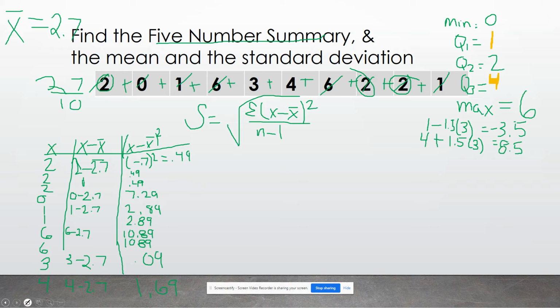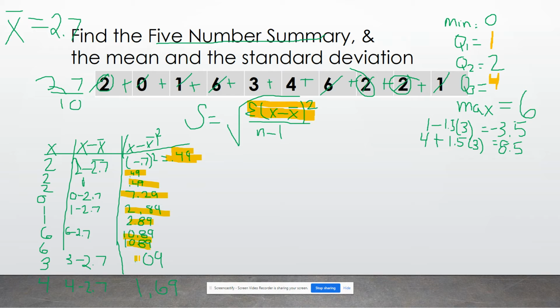So the part in here that I'm working on is this part right here, the sum of x minus x bar squared. So what that means is I'm going to take all of my x minus x bar squareds, all of these numbers, and add them up.